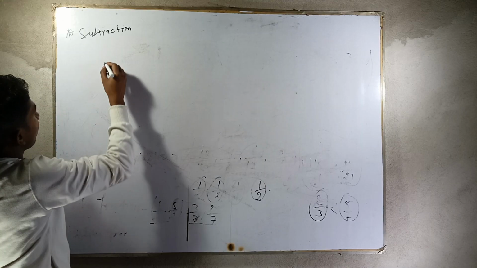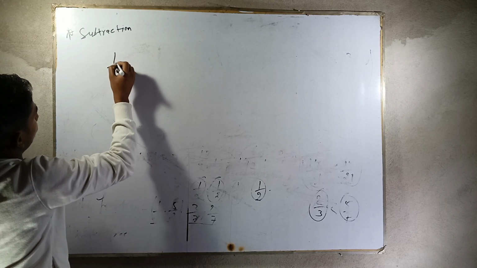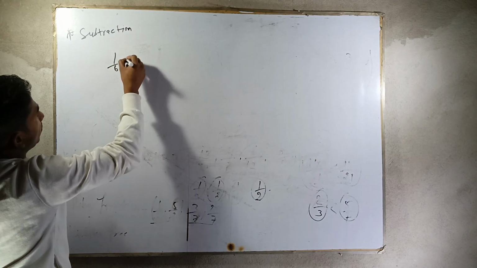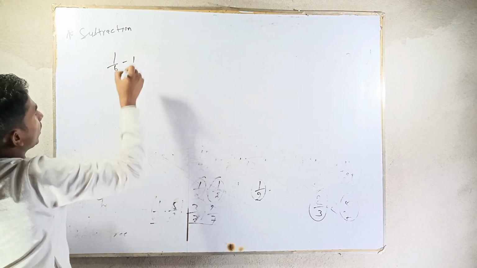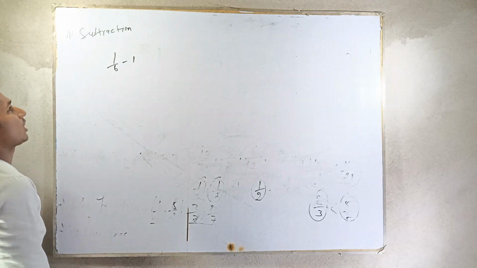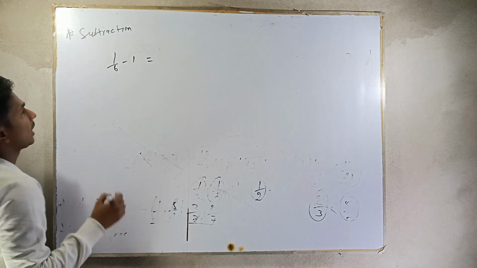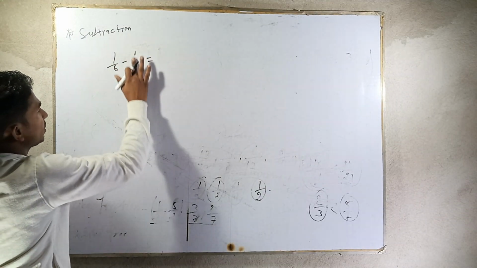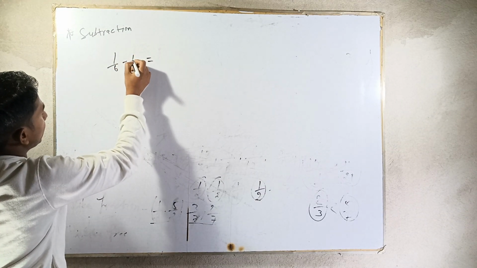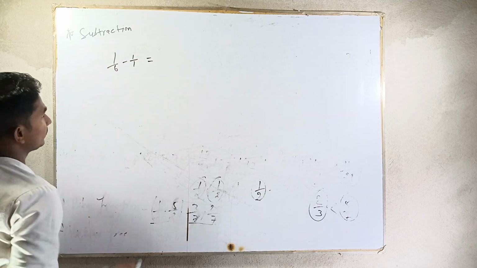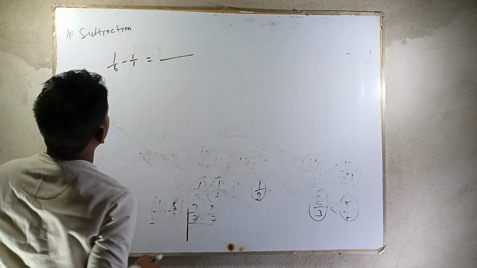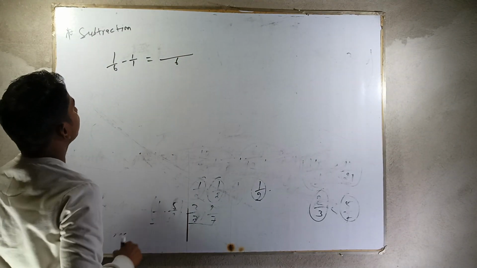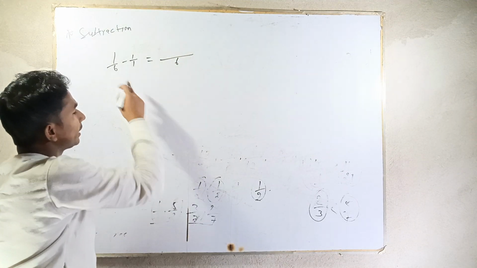Suppose I subtract 1 from 6 by 1, what will be the value? I already told you that if there is no denominator, then I suppose there is 1. If I multiply 6 and 1, its value is 6. Then 6 divided by 6 gives 1, and 6 divided by 1 gives 6.